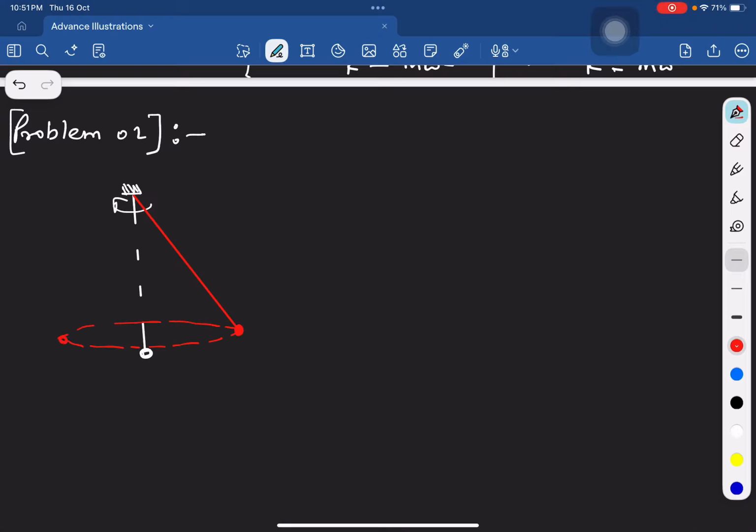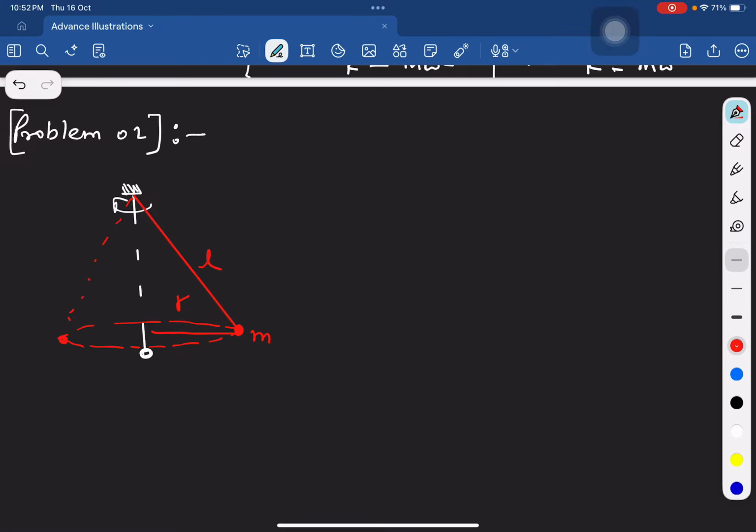So this is the motion that you will see, and this is known as a conical pendulum. Now let's say this mass is m, the length is l. If it is rotating this way, and this radius in which it is rotating is given to you, r.